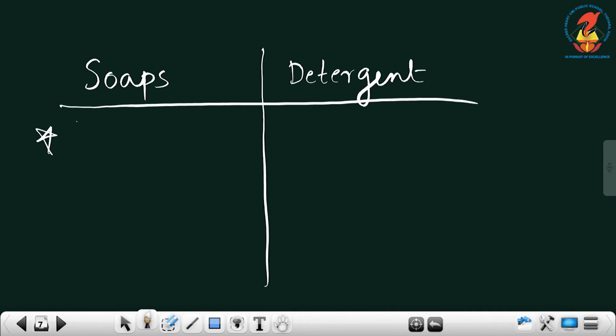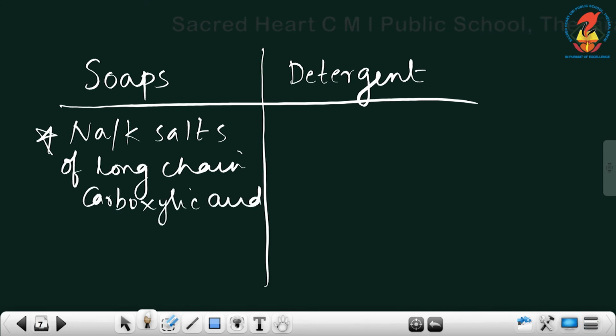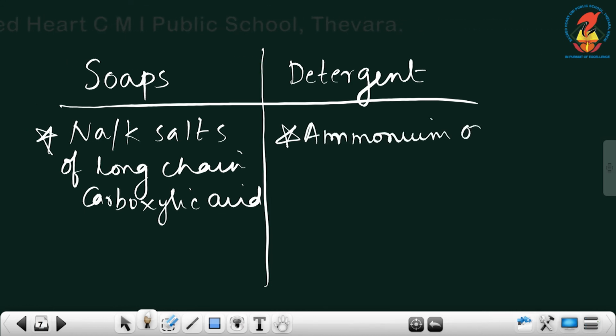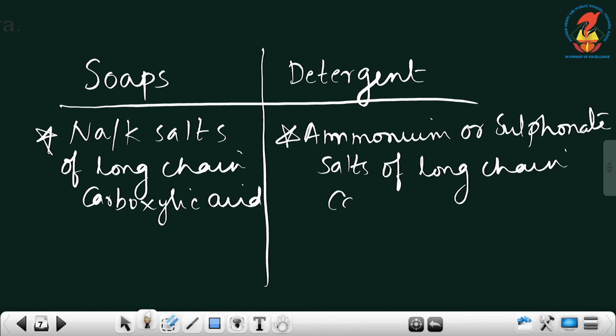First one, soaps are sodium or potassium salts of long chain carboxylic acids. Detergents are ammonium or sulfonate salts of long chain carboxylic acids.